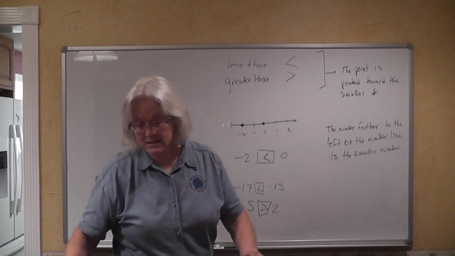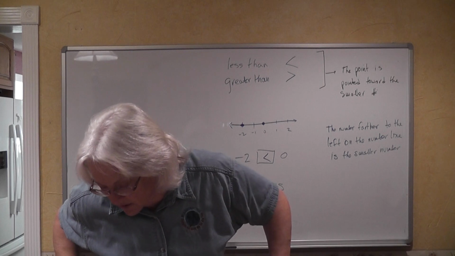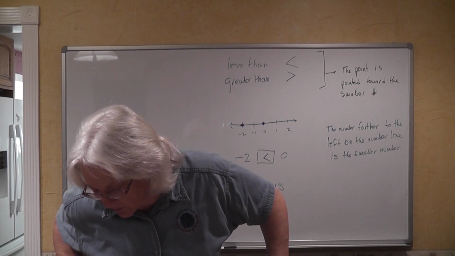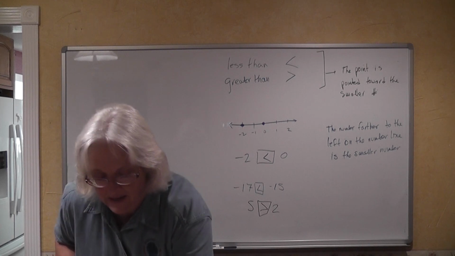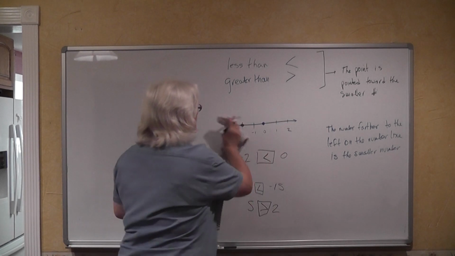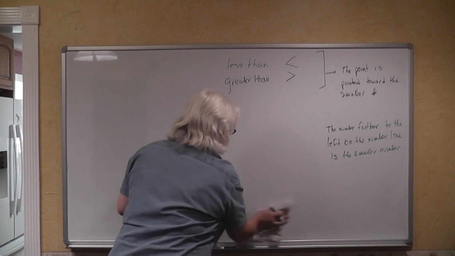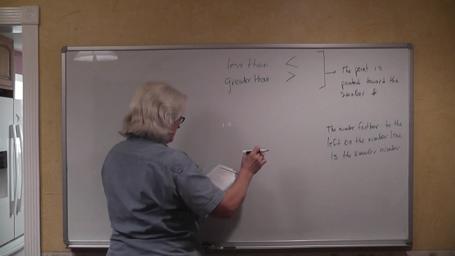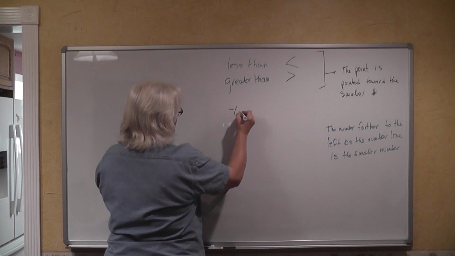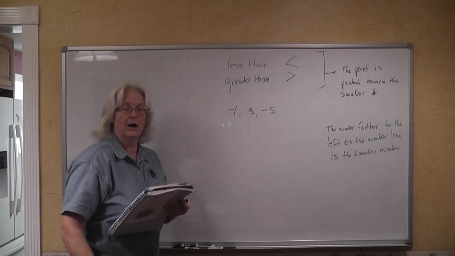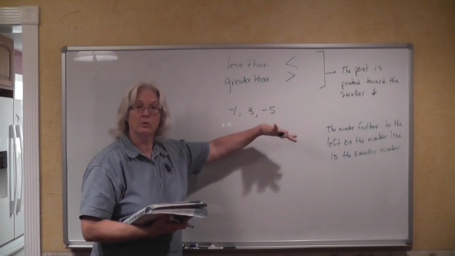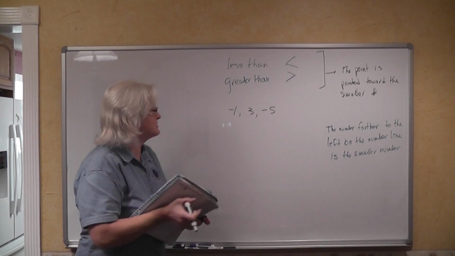Now, this last example that I want to say says, write the integers in order from least to greatest. Use greater than or less than. So they want us to order these numbers, -1, 3, and a -5. Now think of your number line. Which number is going to be furthest to the left?